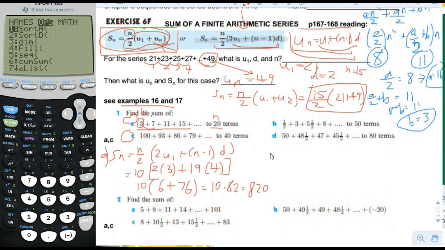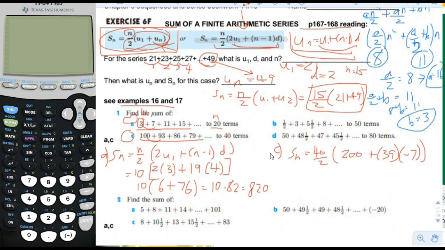Okay, and then C, let's see, we would use a similar equation. We would use the same equation, except now n is going to be 40, right? Divided by 2, and then inside we're going to put 2u1, and u1 is 100, so 2u1 is 200, and then n minus 1 would be 39, and d would be, let's see, the step size here is negative 7, right?